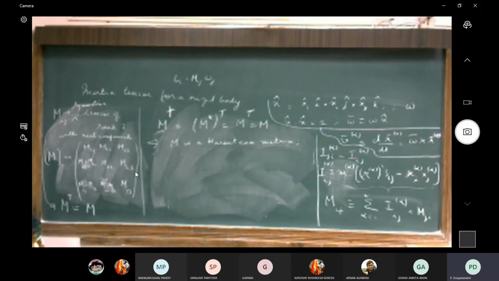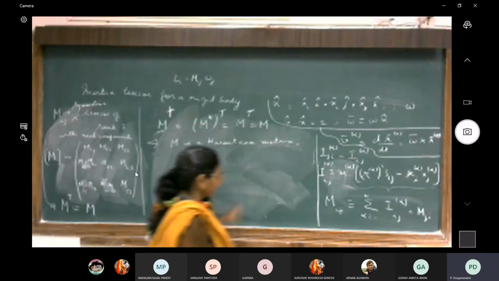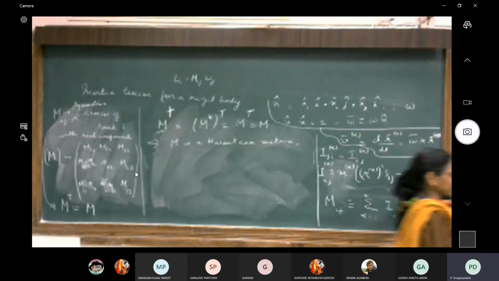So now what I'm going to do is diagonalize this matrix, like what I did with the electrical conductivity tensor.